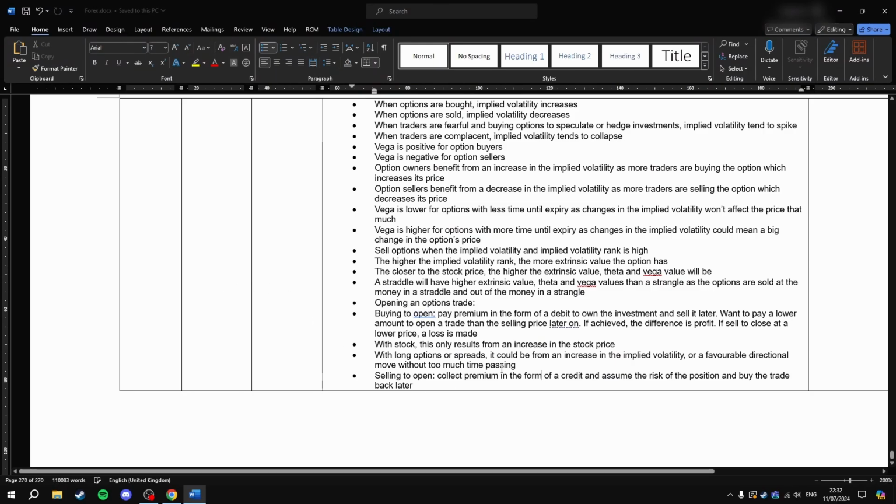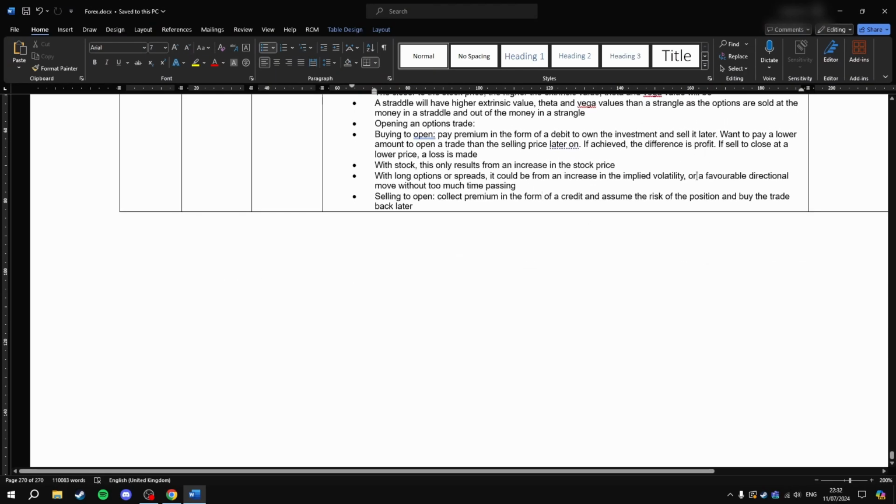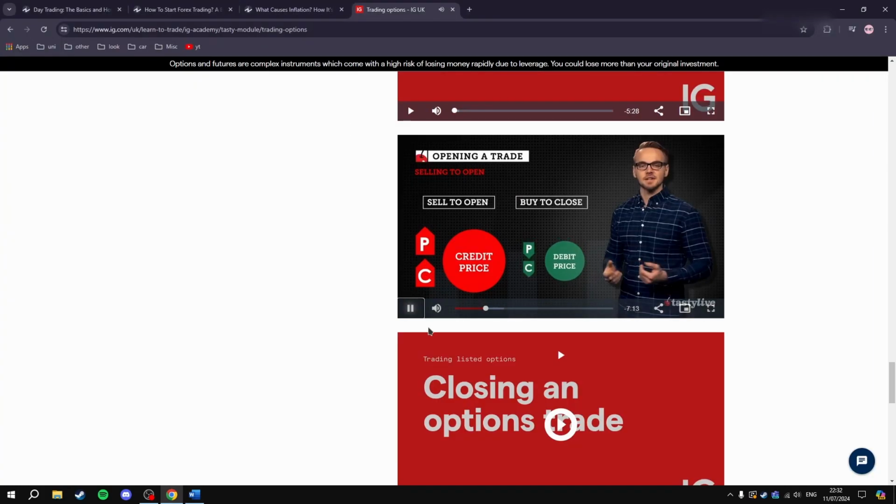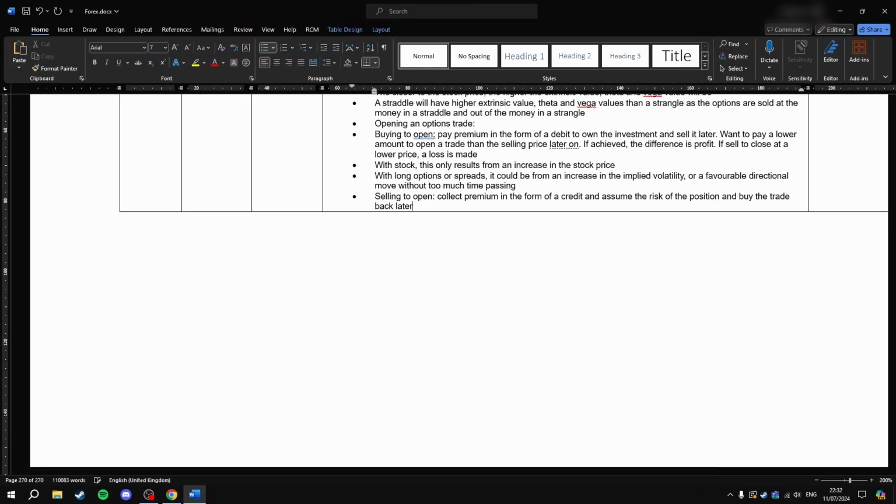We collect premium in the form of a credit and assume the risk of the position. Later, we can buy the trade back to complete the transaction.